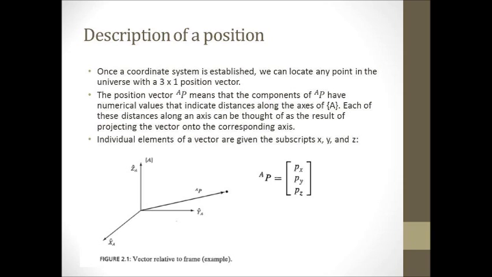You can see this representation in figure 2.1. Individual elements of a vector are given the subscripts x, y, and z. So for the vector AP we have the elements px, py, and pz.